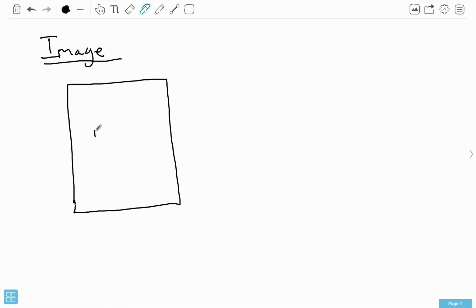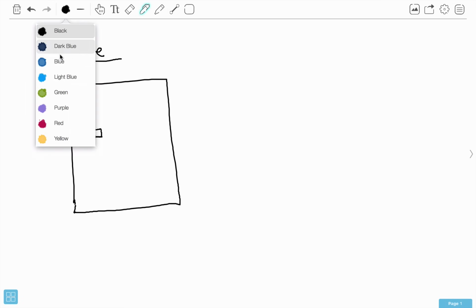Images are actually composed of a small singular unit called a pixel. So suppose that this is an image, this is a pixel. It's similar to how a computer program is comprised of just ones and zeros. So fundamentally, we can think of an image as being just a grid of pixel values.